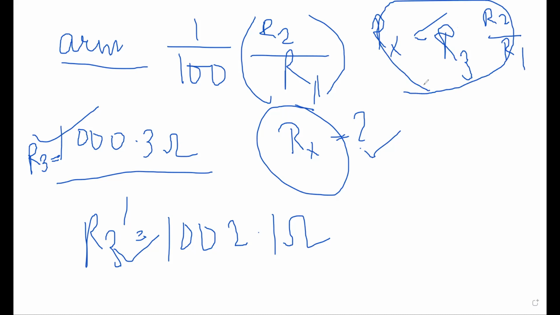So what you will do, you have to find out two Rx. One is Rx old with the R3 old value, and one is Rx new with the R3 new value. Tell me the two values of Rx quickly.